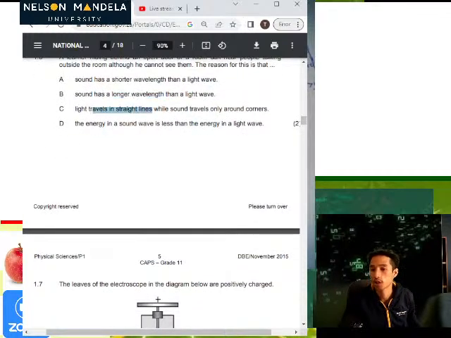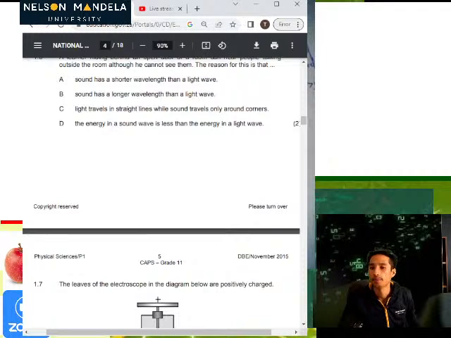Next option: light travels in straight lines, while sound travels only around corners. Now, light propagates, and usually we draw it using straight lines to refer to the direction in which light travels.